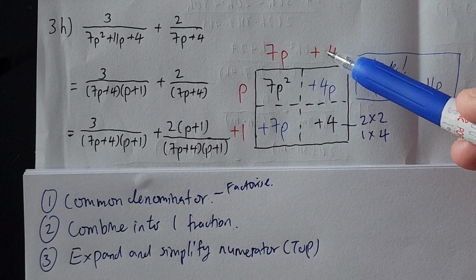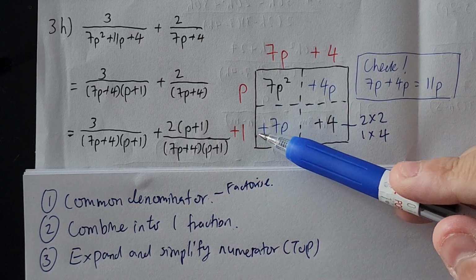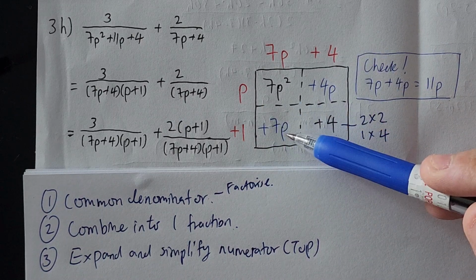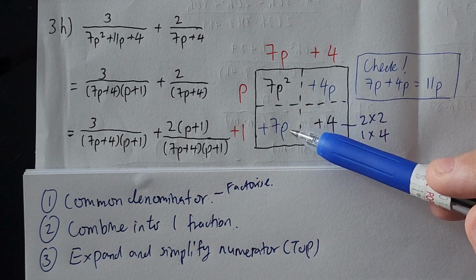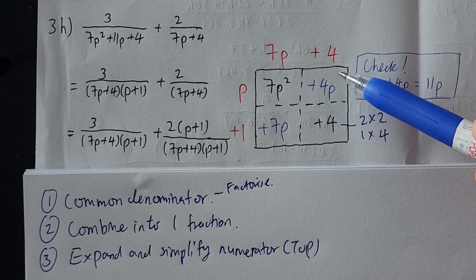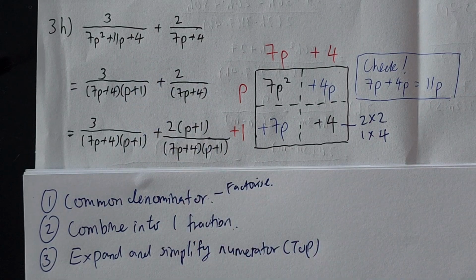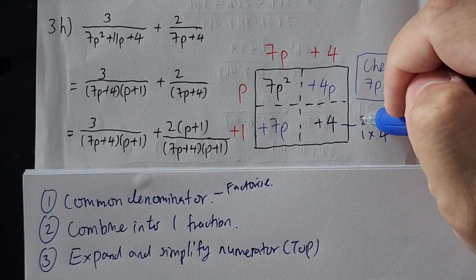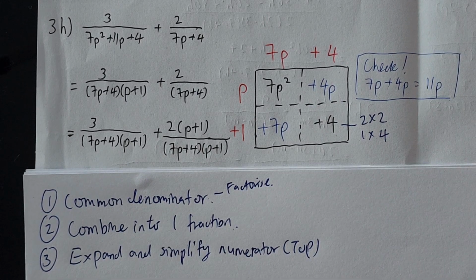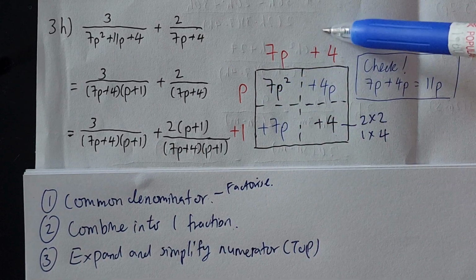If I put 2 and 2 over here, I'll realize that I have 14p and 7p. They don't add up to give me 11p, so I can't use them. This one is out. Then I will have to use 1 multiplied by 4.